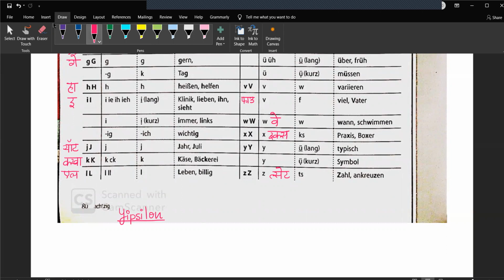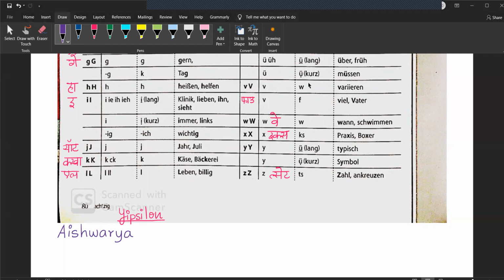Okay, so to give you an example, my name is Aishwarya, and how will I spell it in German? It will be A, E, S, H, V, A, R, Epsilon, A. Similarly, how will I spell your name?